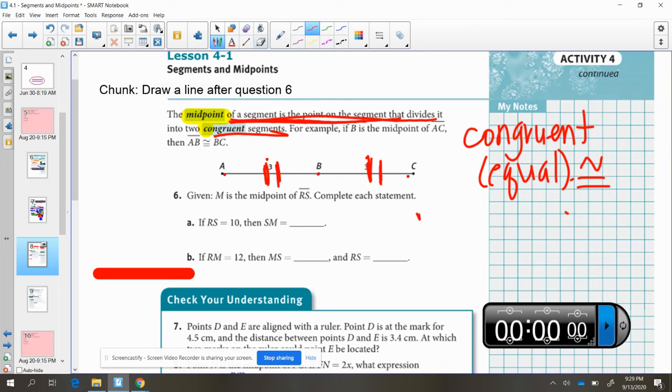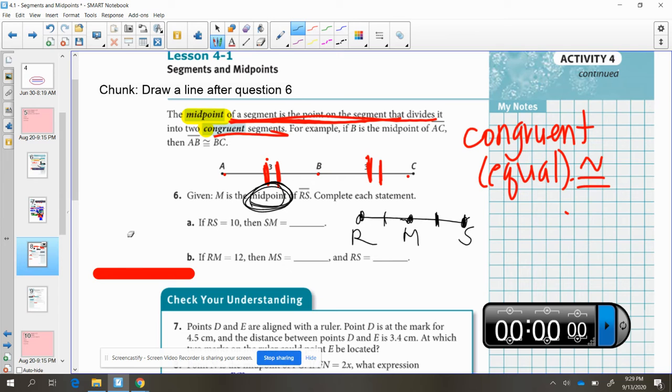So in practicing here again, if we have a segment RS and they are telling us that M is the midpoint, just like we drew before, we are going to draw R to S, but this time because we know M is the midpoint, we're going to draw M directly in the middle, and we're going to mark our picture with that.